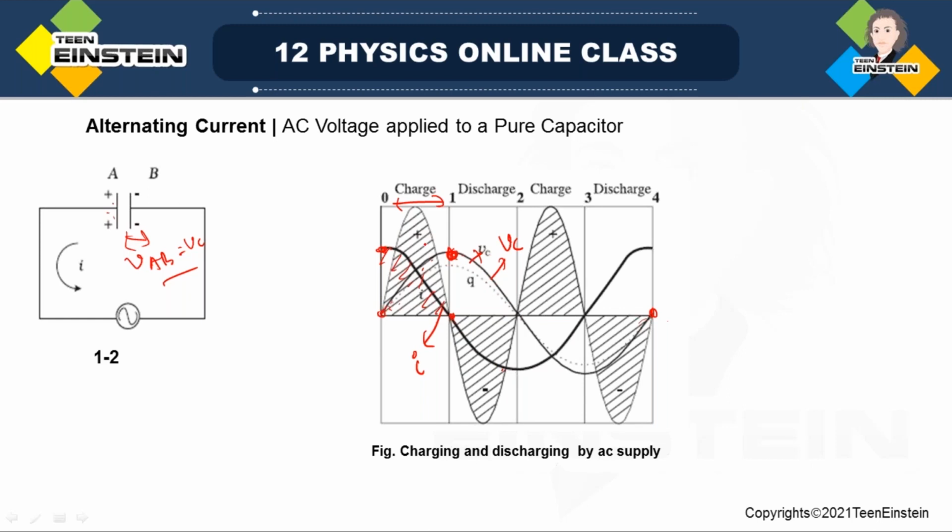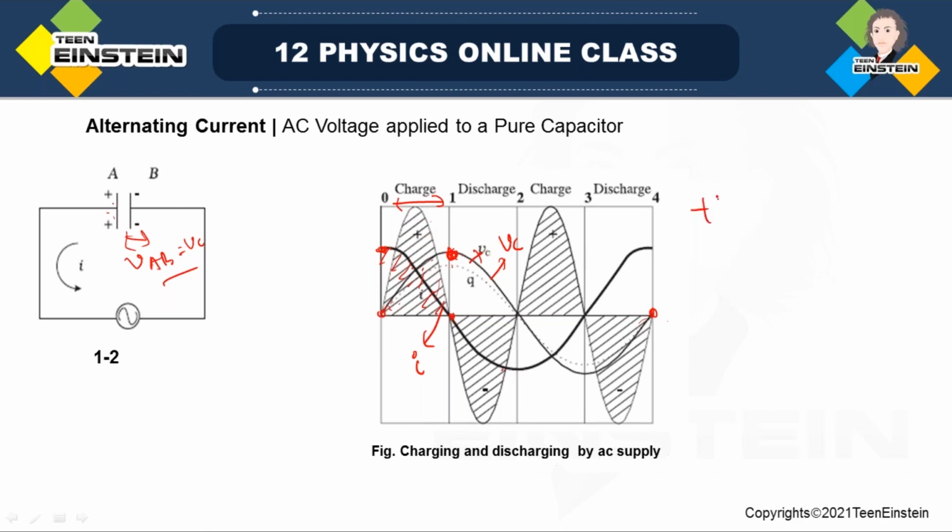In the previous case, in the first quarter, current, voltage and charges are all positive. So power is also positive. Okay, for the first quarter, power is positive. That means what?